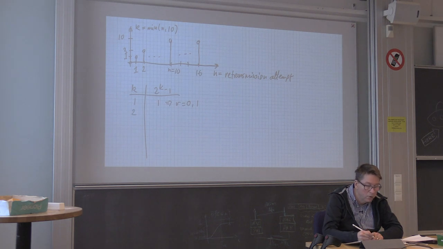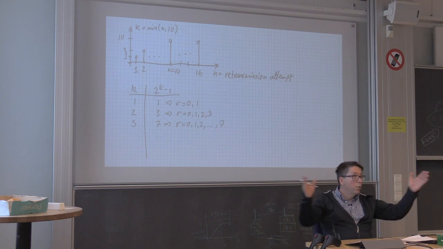When k is equal to 2, then 2 to the k is 4, minus 1, so that's 3. And that means that r is equal to 0, 1, 2, or 3. These are the possible values. Now in the third retransmission event, 2 to the 3 is 8, so now we have 7, which means that r could be 0, 1, 2, up to 7.